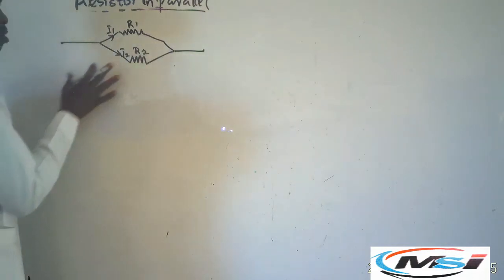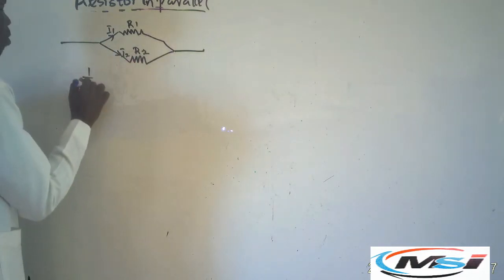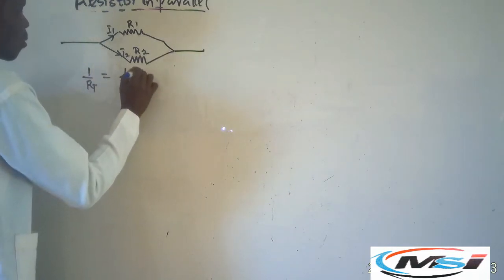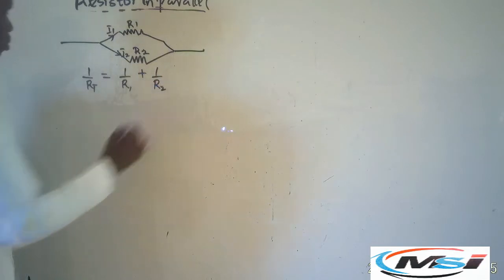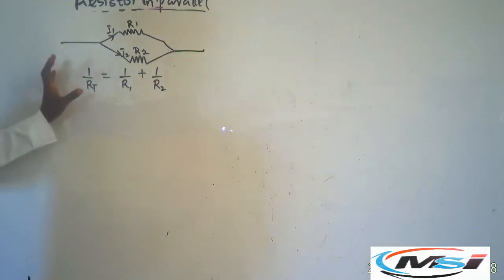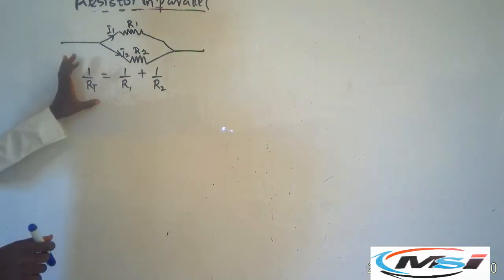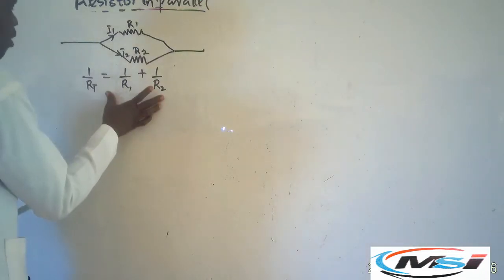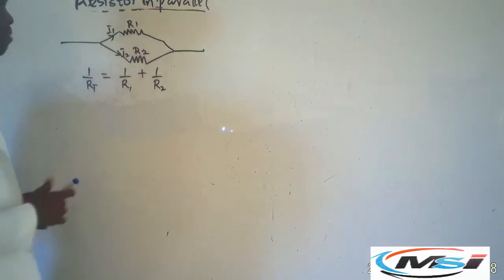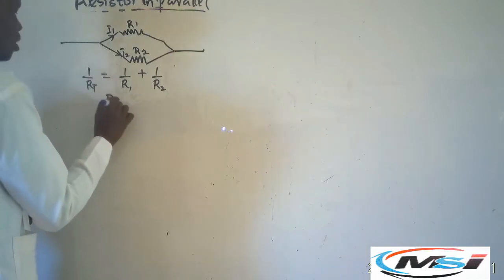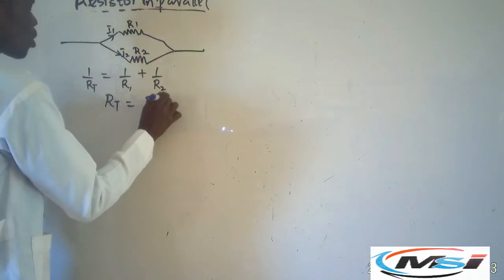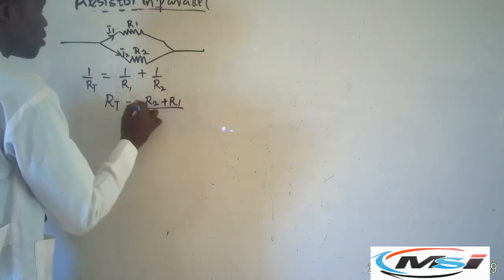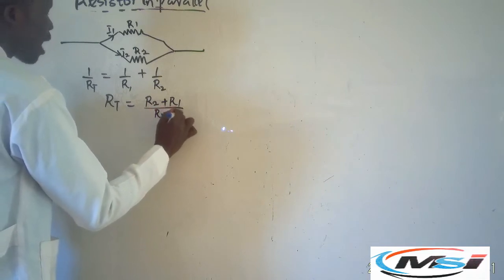Now to find the total resistance, 1 over RT equals 1 over R1 plus 1 over R2. That makes it a little bit different from a series connection of resistors. But since we have two resistors connected in parallel, RT will give us R2 plus R1 divided by R1 times R2.